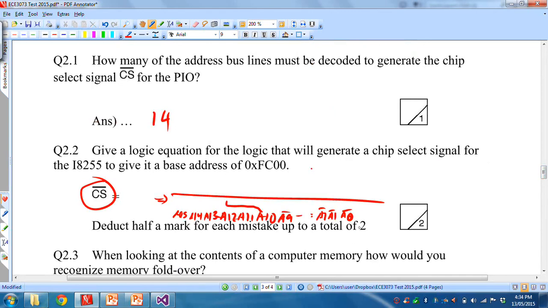Sorry, that's true. You don't need those 2 bits. Those are not included in the logic function.